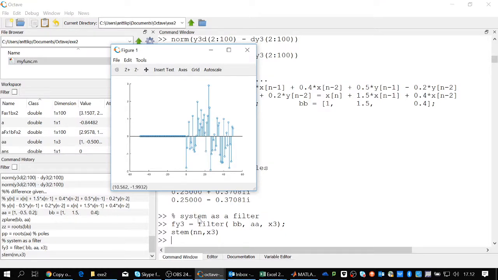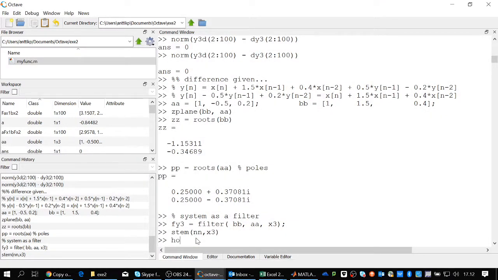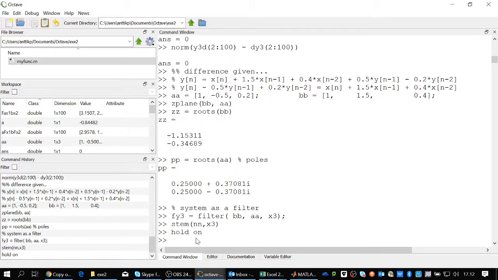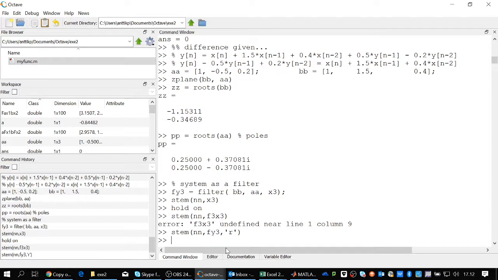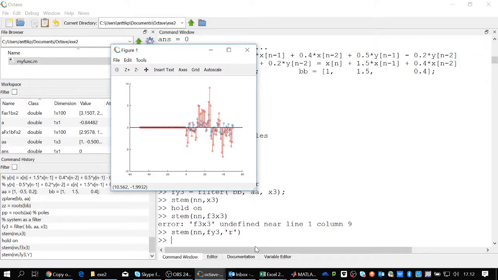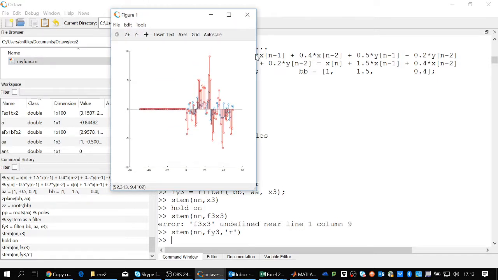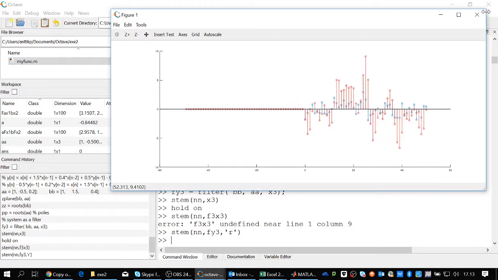Okay, that's my input signal, and then I can actually say hold on and stem FY3 on the same plot, but using red markers. Does it work like that? Yes, it does. Okay. And there's the comparison.